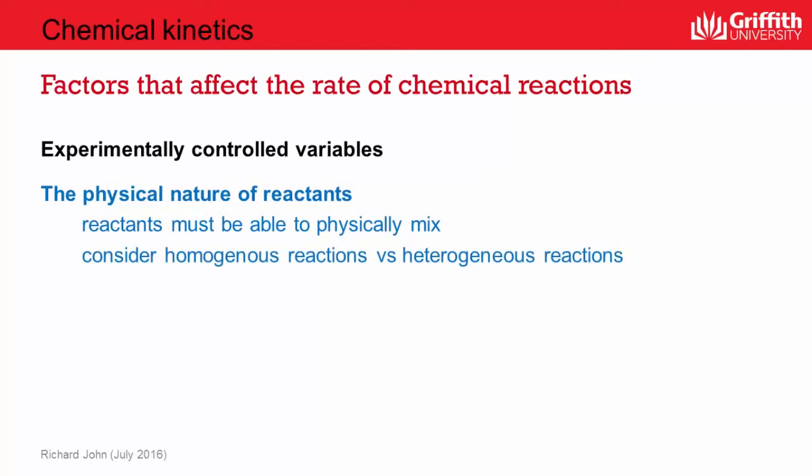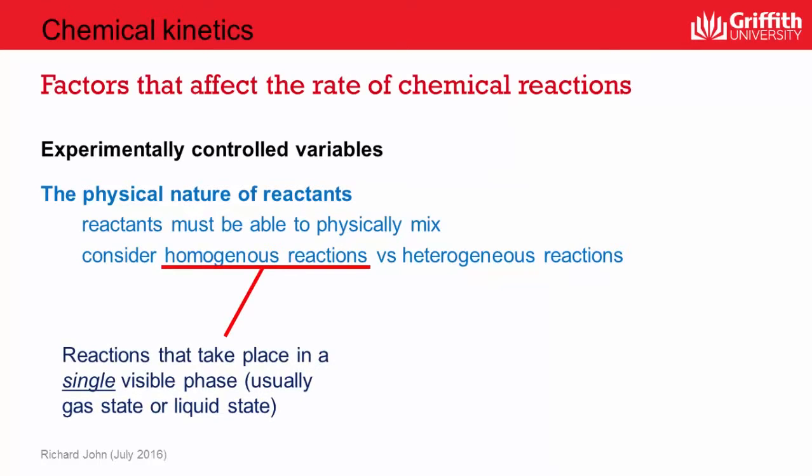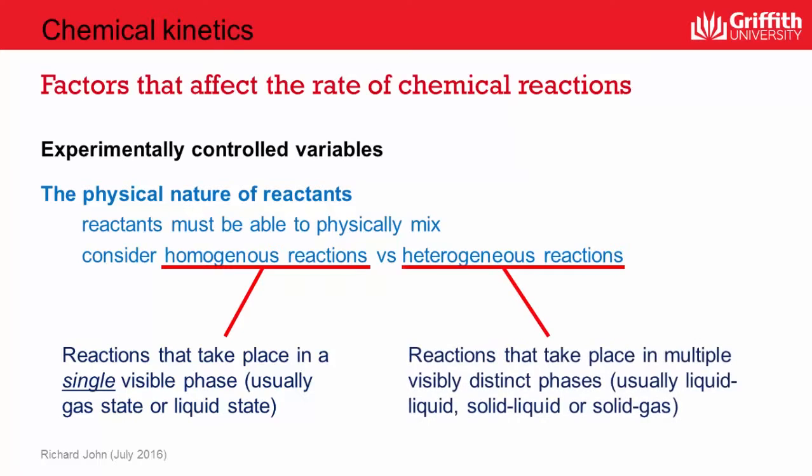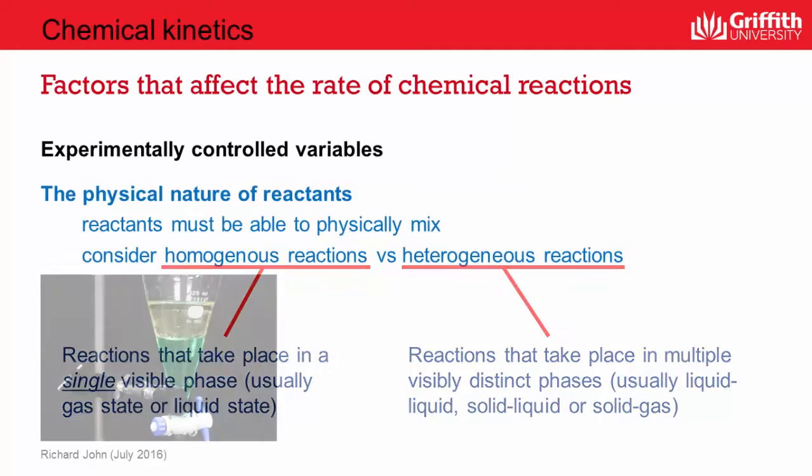Most of the reactions that we consider are homogeneous reactions that take place in either the liquid or the gaseous state. When reactions take place in different states or even in different phases of the same state, we say that the chemical reaction is a heterogeneous reaction. And in heterogeneous reactions, the chemical reaction is limited to the contact area between the two phases.